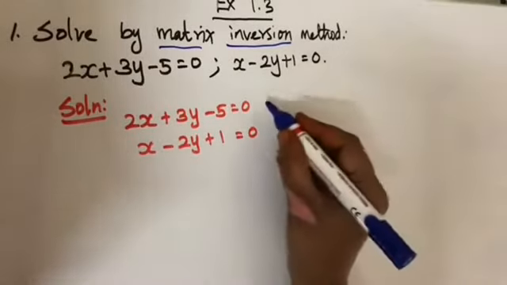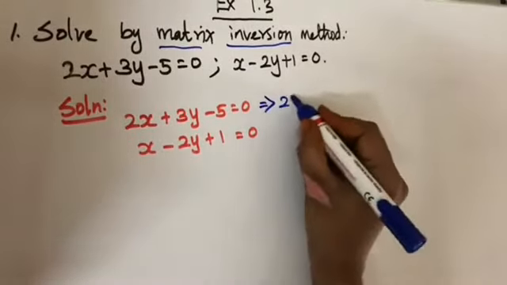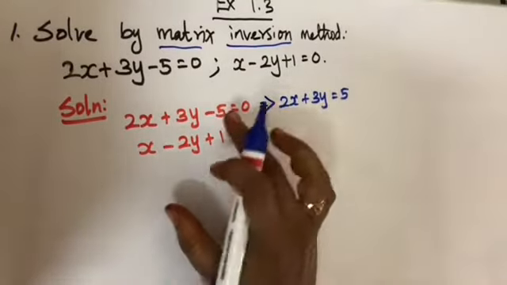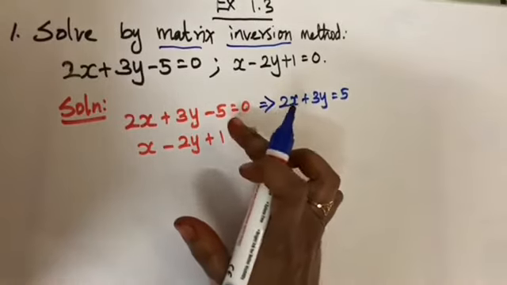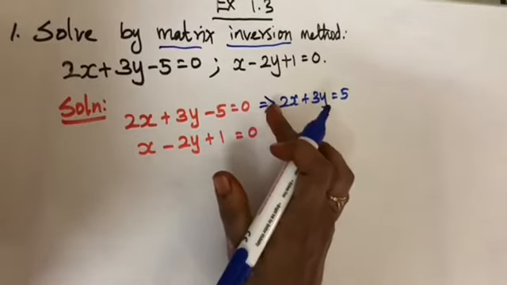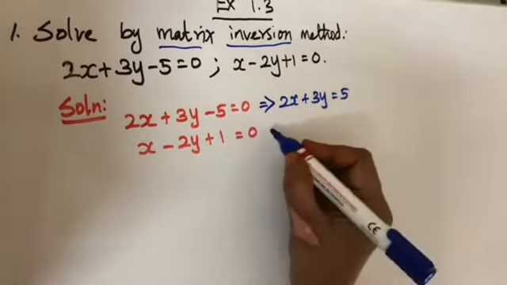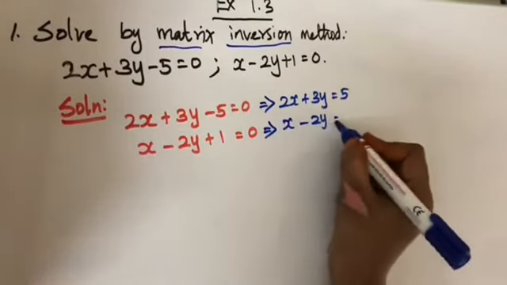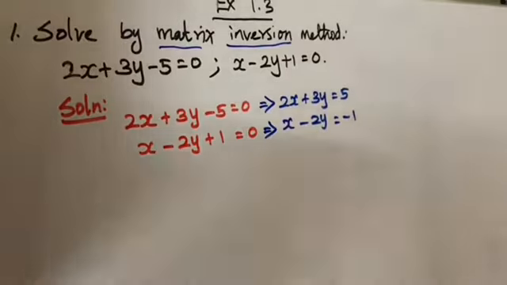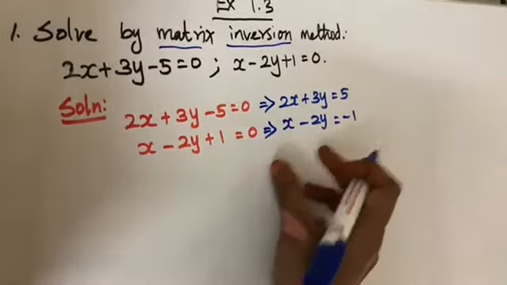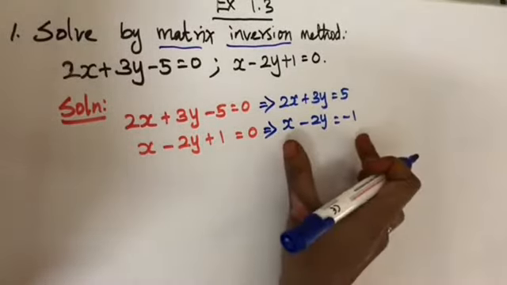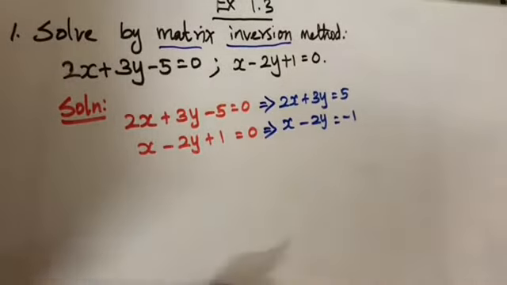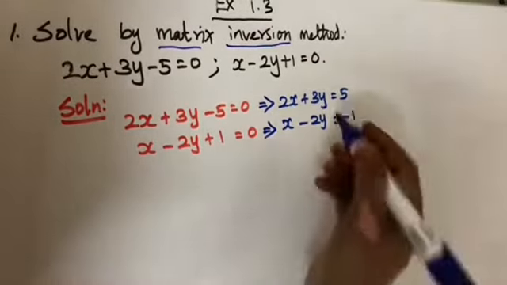So that implies 2x plus 3y is equal to 5. You should move the constant values to the right hand side of the equation. First you have to do that. Here x minus 2y is equal to minus 1. Now I am going to write these equations as matrices.